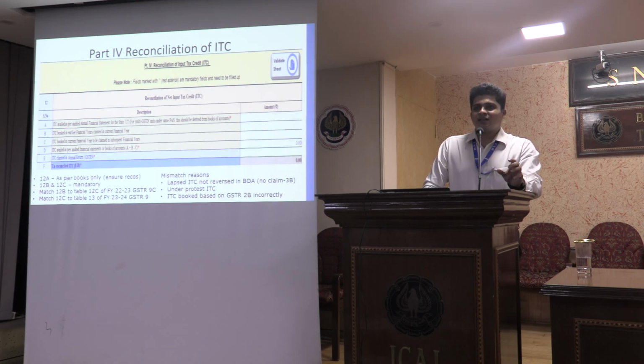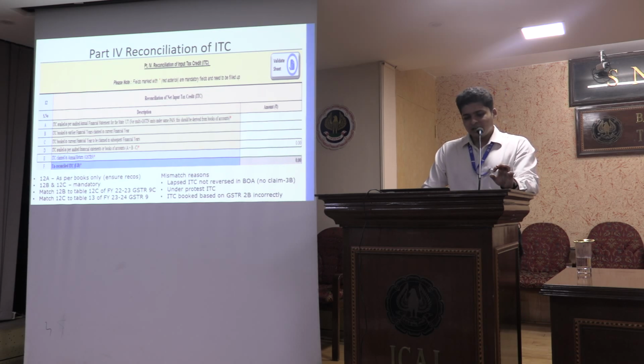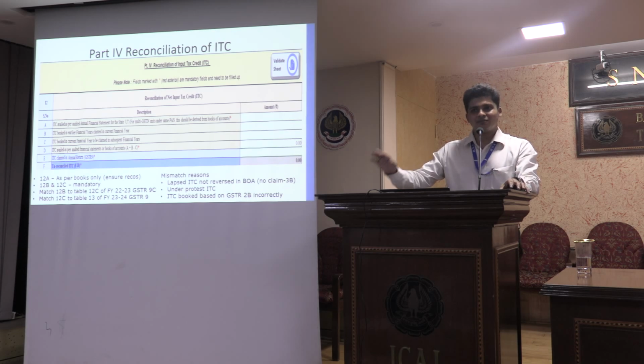So let us take a scenario. Last year you disclosed that table 12C was say 100 rupees. This time your table 12B of 23-24 is actually only 80. This indicates that ITC which you had considered earlier that it is eligible to be claimed in next year is incorrect, and you have actually claimed only 80.